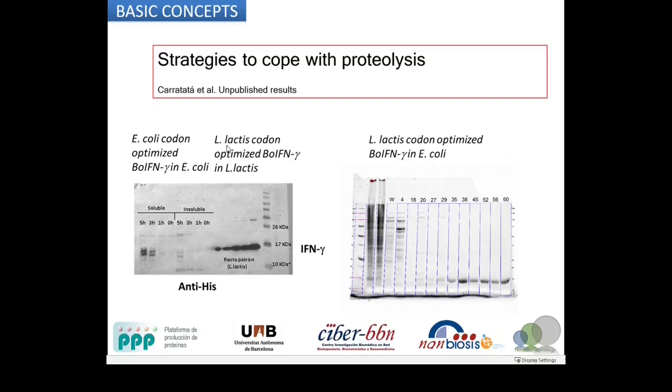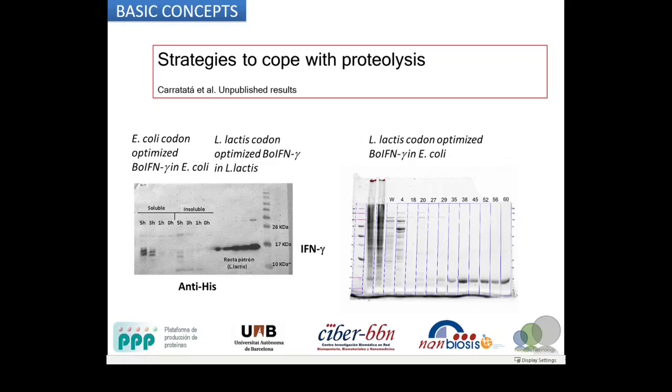So in that case, when we produce this codon optimized gene in the Lactococcus lactis expression system, we obtain a nice protein band in the soluble cell fraction of the cell.